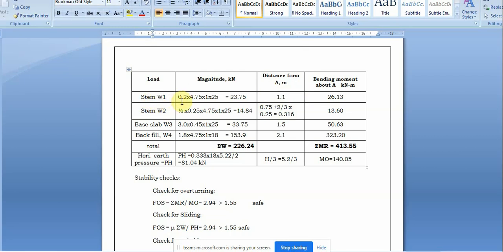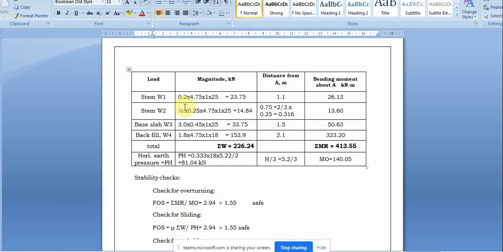So for the stem W1, we know that 5.2 is the total height of the structure. In that, the thickness of the slab we have given as 0.45, so the height of the stem becomes 4.75 here, instead of 5.2.